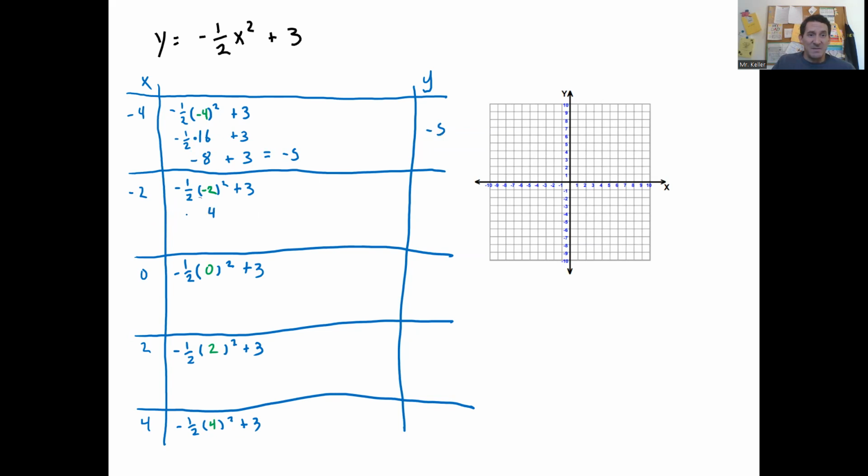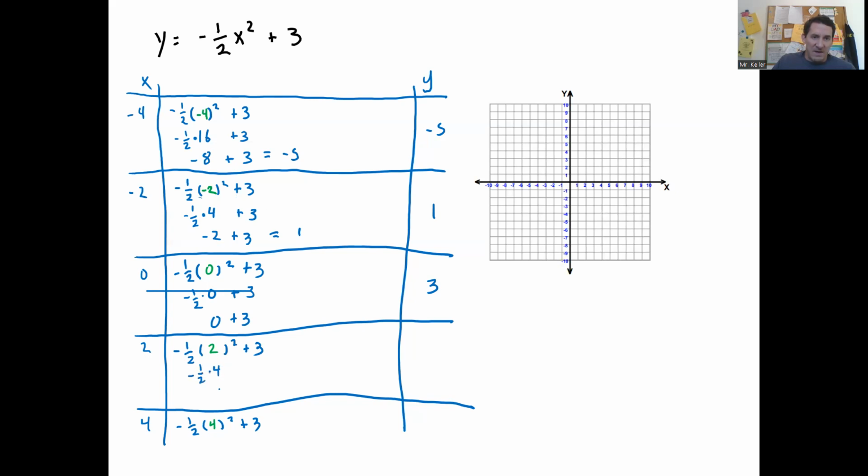-2 squared is +4. So -1/2 times 4 is -2, plus 3 is +1. 0 squared is 0. -1/2 times 0 is 0, plus 3 is 3. And then these will be the same as they are up here, but 2 squared is 4.